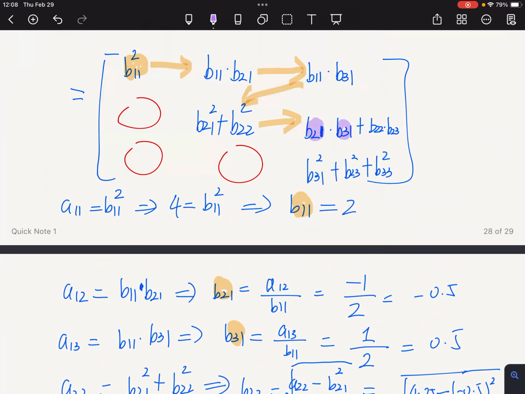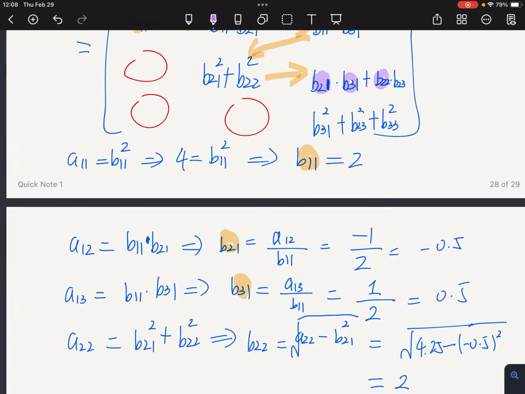And then we also know the B22 values from these elements. So we just need to solve for the B23 for this one. If we compare the values here with the A values, we are going to solve for the B23.